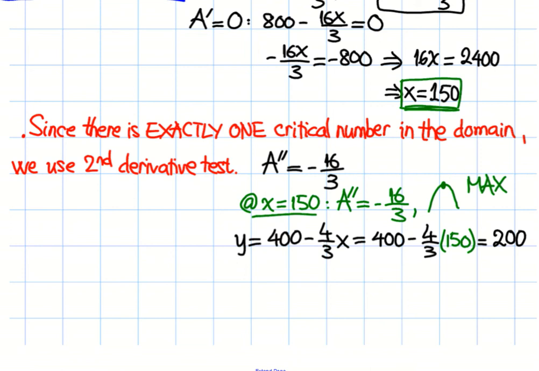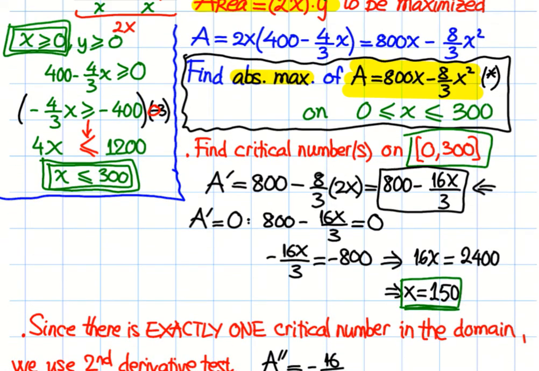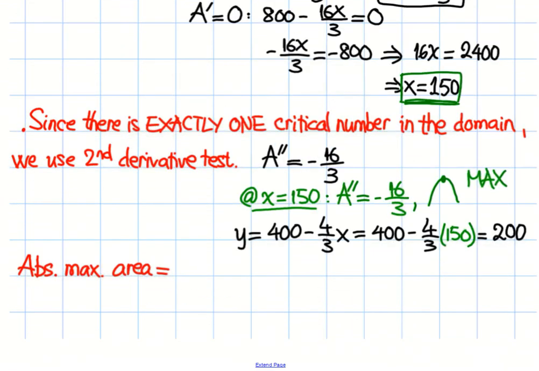So the absolute maximum area equals 2x times y, and that gives us 300 times 200, which is 60,000.